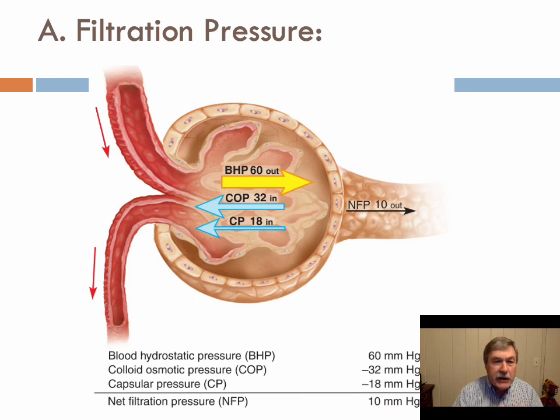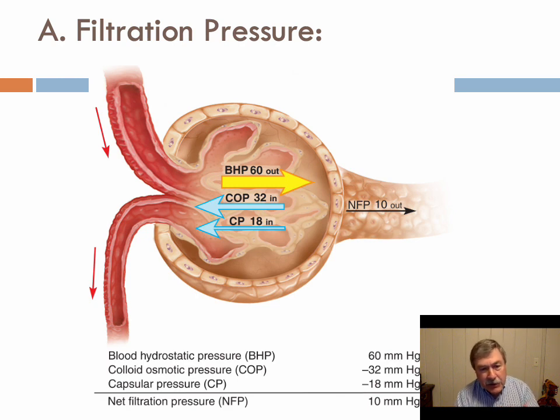So if you add together the two opposing forces, the colloid osmotic pressure and the capsular pressure, that comes to a total of 50 millimeters mercury. That's only 10 millimeters lower than the hydrostatic pressure that's the main driving force for filtration. So there's really not much of a pressure differential that's needed to cause filtration.